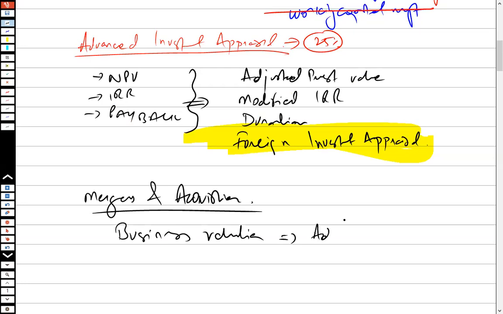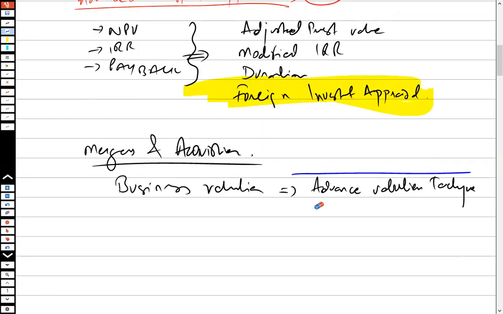That's one thing that we will be doing. In addition to the advanced valuation techniques, what else would we be doing? We would be looking at how to finance the acquisition. We would be discussing the synergies, or the benefits that are going to arise, and the non-financial aspects of the acquisition also.